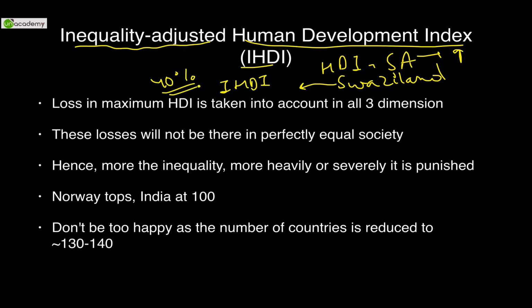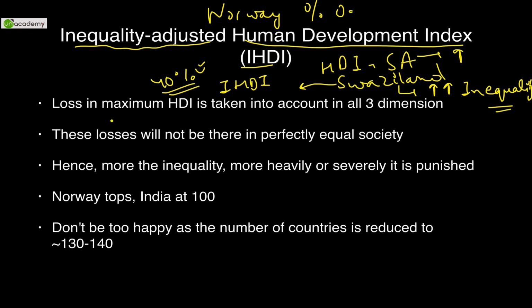Just go to Wikipedia and you'll know this data. 40%. While in the case of Norway, there is hardly any loss. Some fraction of a percentage. So it shows that Norway has very little inequality. It has high equality. While countries like these are already poor and they have a very high level of inequality. Is that understood? So that is starkly contrasted with the inequality adjusted human development index.